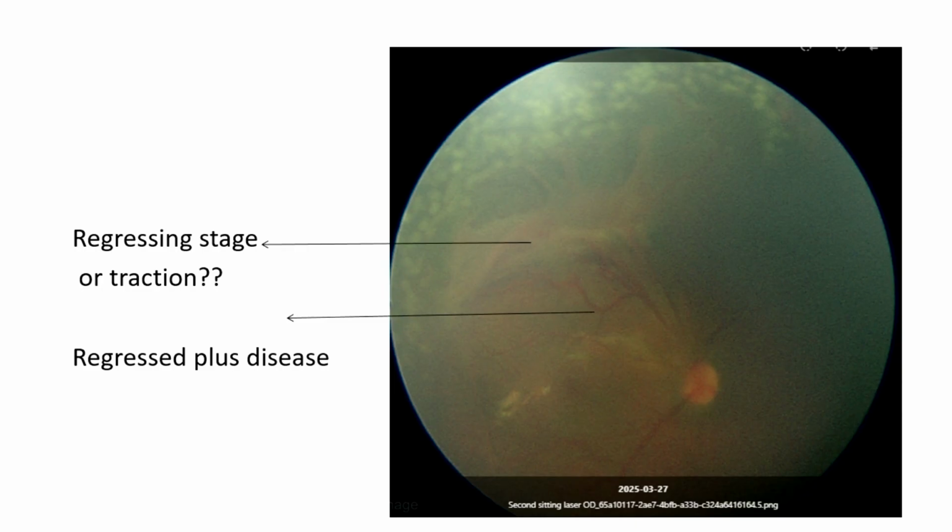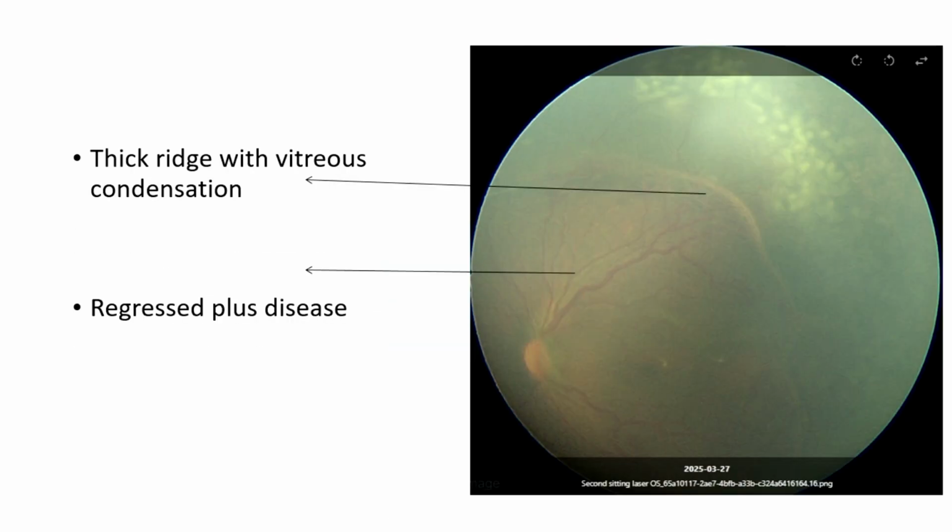In the right eye, in the superior part, whether it was a regressing stage or a traction created a confusion. Similar picture was seen in the left eye, the ridge becoming more clearly well defined with vitreous condensation with the regressing plus disease.